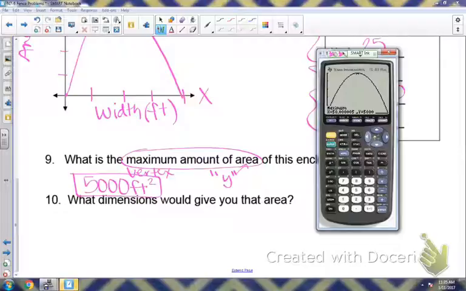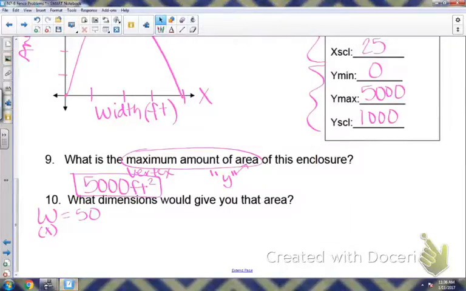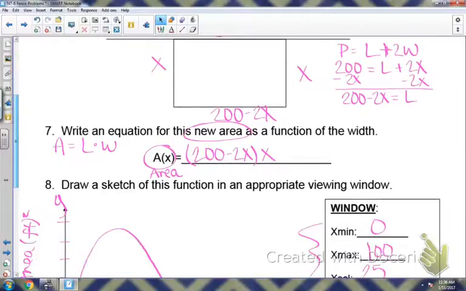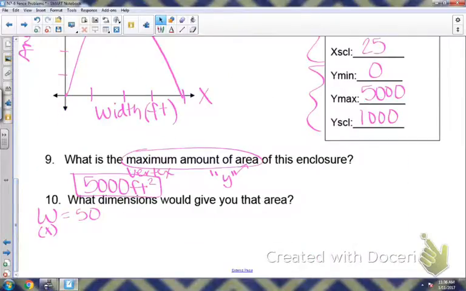On 10, what dimensions would give you that area? We know the x value represents the width. And notice on our calculator, your width or x value is 50. And then if you go back up to the top to find length, it's 200 minus 2x.